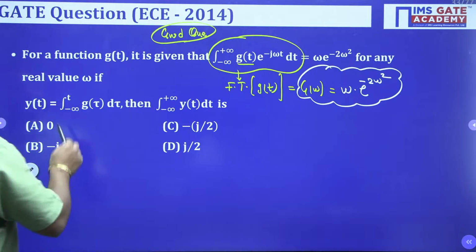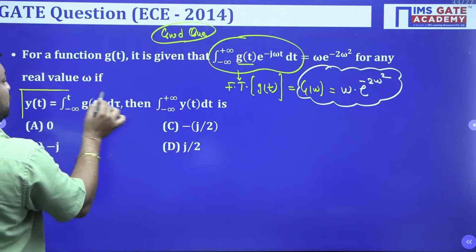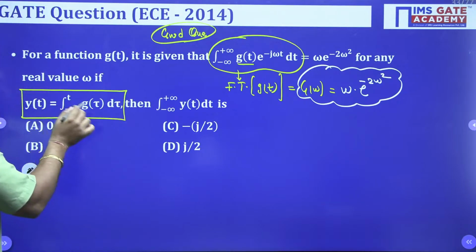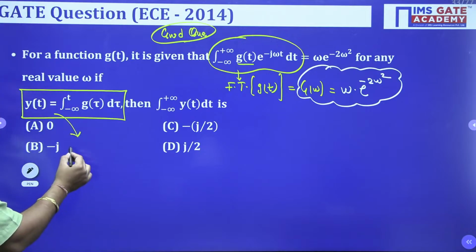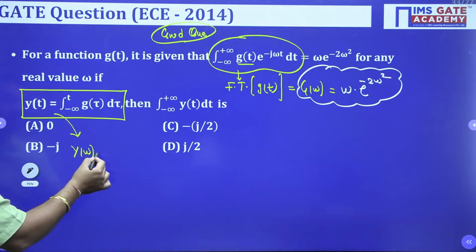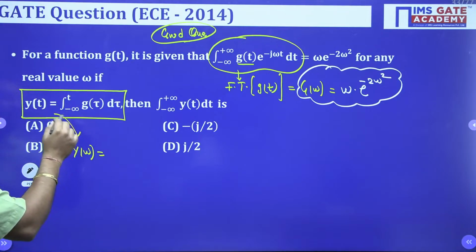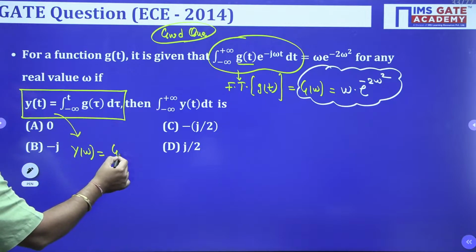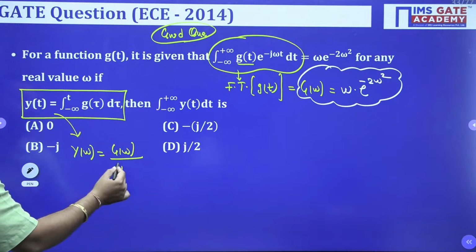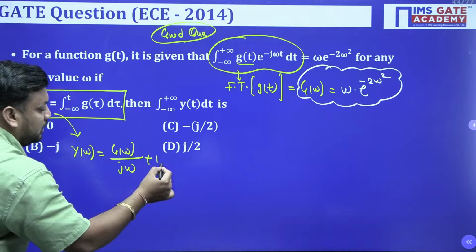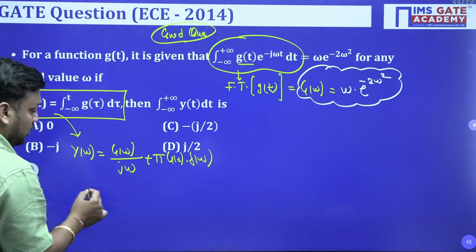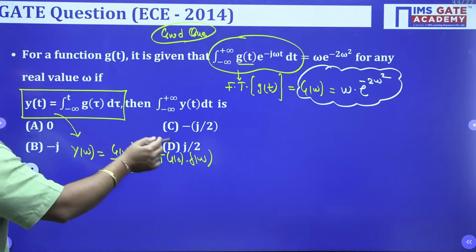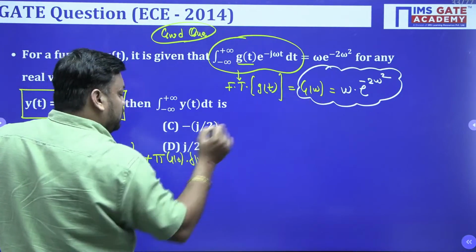Now the examiner is asking for y(t) equal to the integral from minus infinity to t of g(tau) d tau. So when you take the Fourier transform on both sides, you will get Y(omega) equal to G(omega) upon j omega plus pi G(0) delta(omega). In G(omega), if you put omega equal to 0, G(0) is nothing but 0 only.